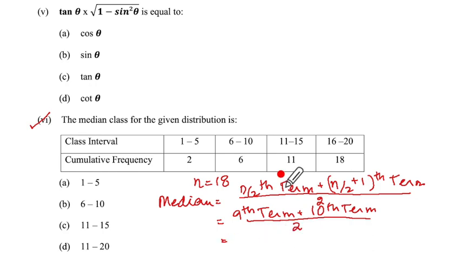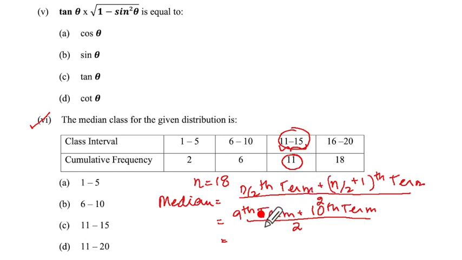So the 9th term and the 10th term are both going to be in this region. See, these are up to 2 terms, these are the 6 terms, so from the 7th up to the 11th term are going to be in this class interval.